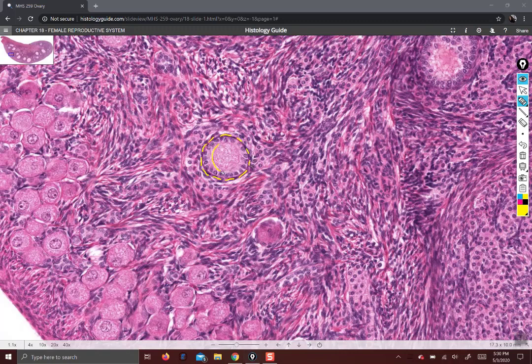And you can see this center part is the oocyte. The outer part are the granulosa cells.